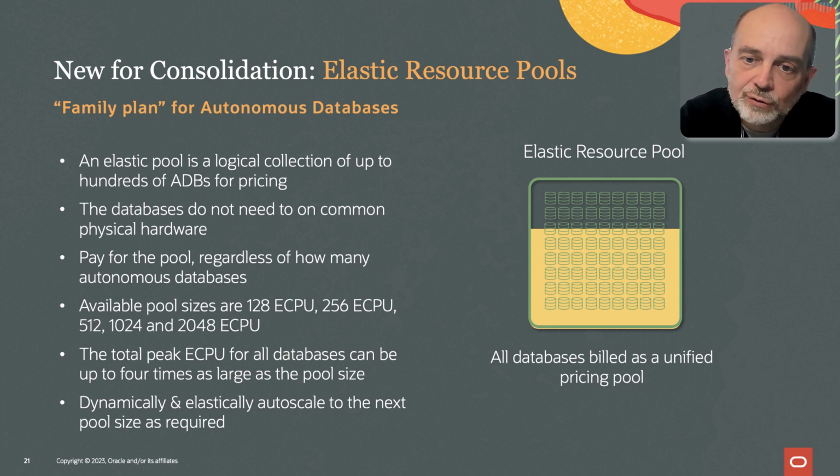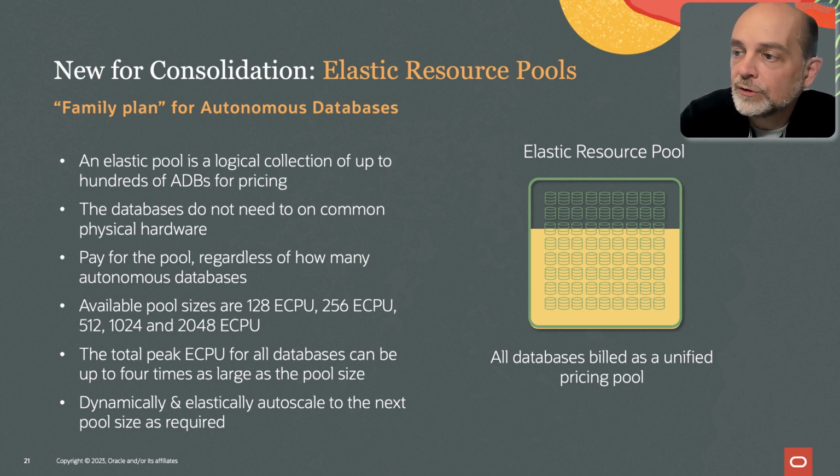So what are elastic resource pools? The concept is relatively simple. You as a customer purchase a minimum set of eCPUs, and so you commit to 128 as the starting point. And then within there, you can put pretty much as many databases as you like. And when you allocate those eCPUs to the databases, you can build them up, not just up to the 128, but actually up to 4 times the number of eCPUs you've actually got allocated.